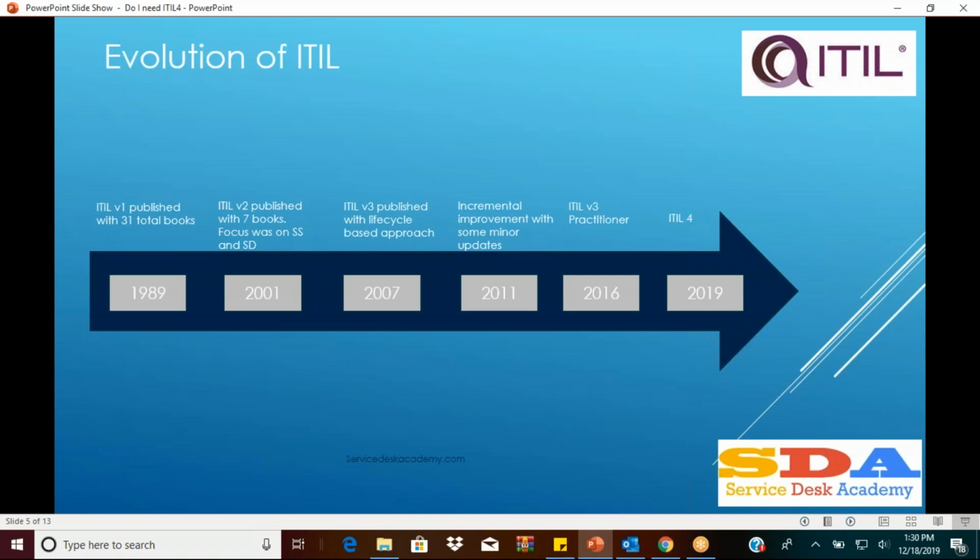the 1980s, and the reason was that was the point of time when organizations started implementing IT, information technology, the hardware, software, and all these kinds of things in their organizations. And at that point of time, organizations did not really have the capability to manage the IT infrastructure very effectively and efficiently.